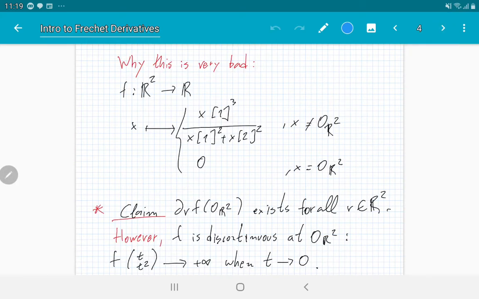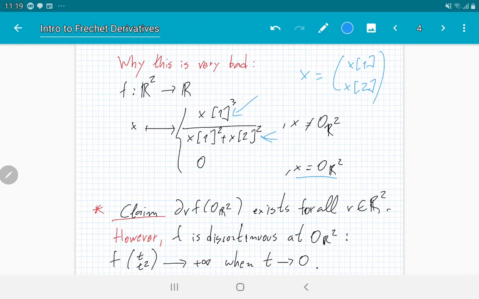The example is this specific function. So you have a function from R^2 to R. It's equal to 0 when you're at 0 in R^2. Otherwise, it's equal to this fraction. Remember that a vector in R^2 has coordinates x1, x2. So this is the ratio of the first coordinate cubed to the sum of the two coordinates squared.